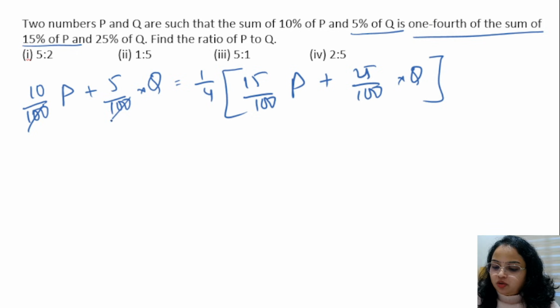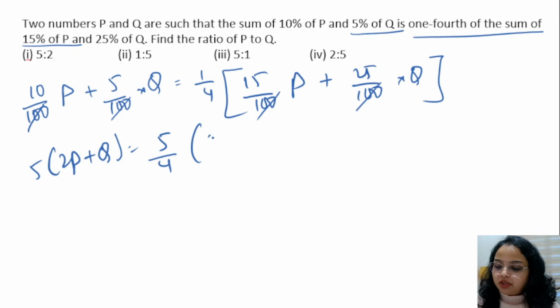Here we can cancel out all the hundreds. And in the numerator also we can take 5 common. So here 5 into 2P plus Q is equal to 5/4 into 3P plus 5Q. 5 and 5 will be cancelled.